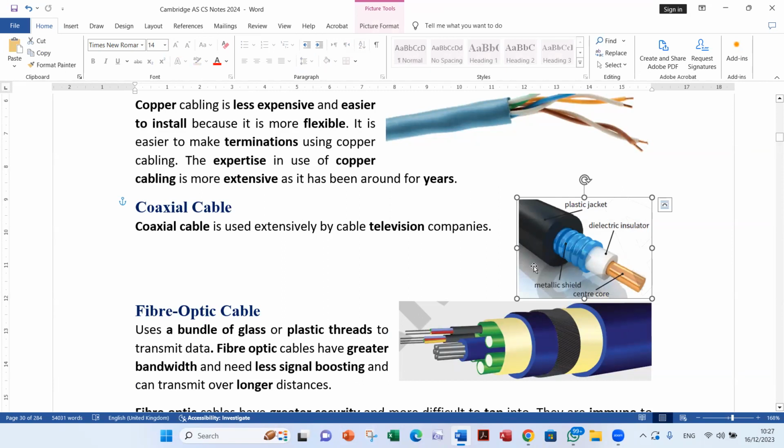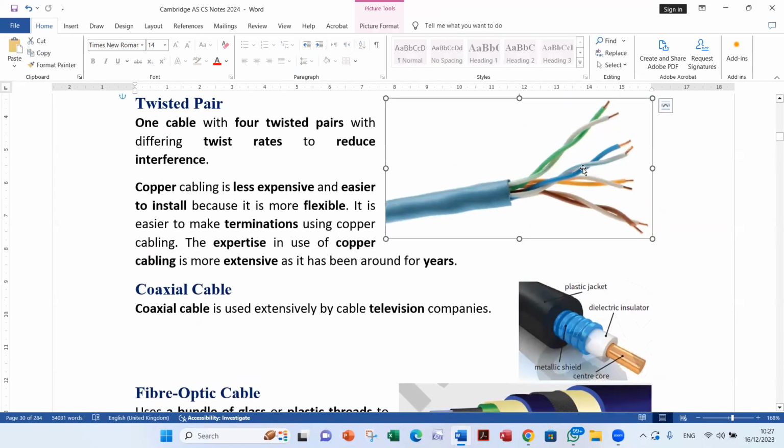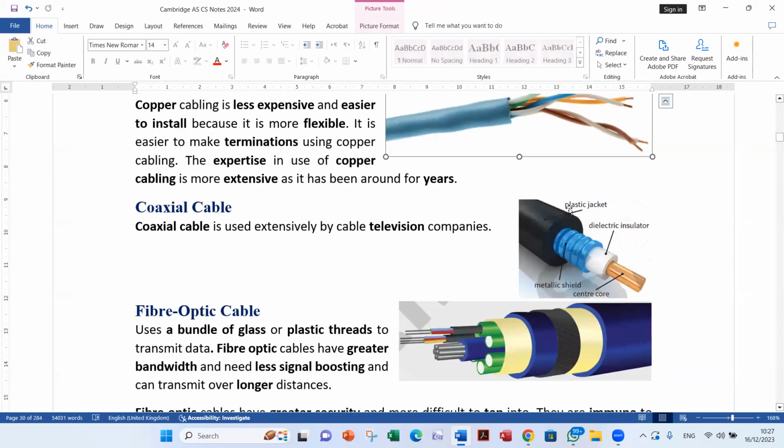So this coaxial cable is now used with televisions rather than with networks. However, it used to be used in old days when all computers were connected in a bus topology. So this is very commonly used now, and this is very rarely used now.